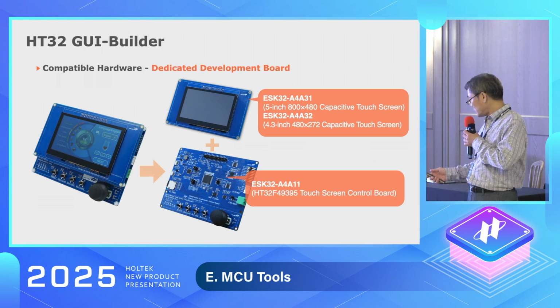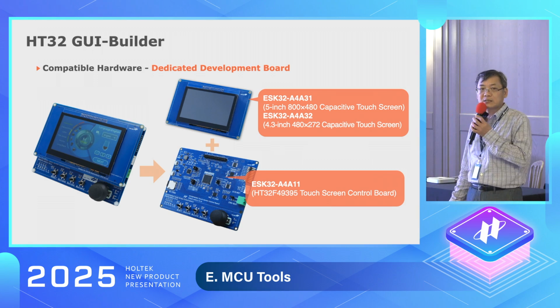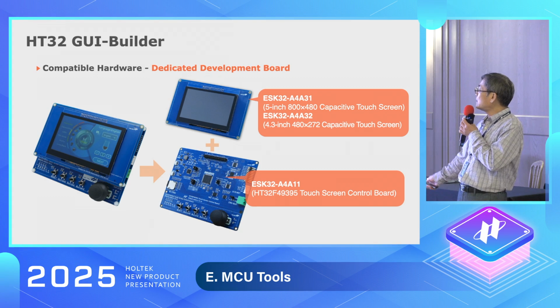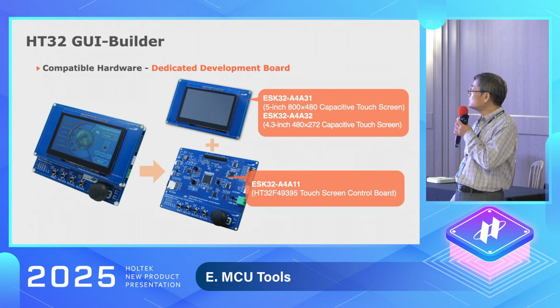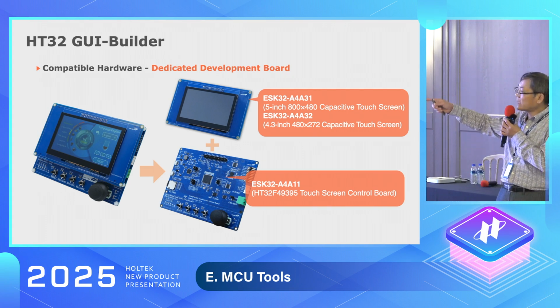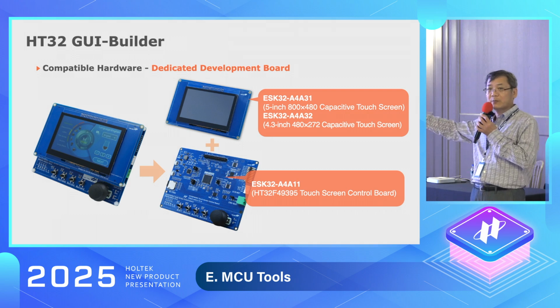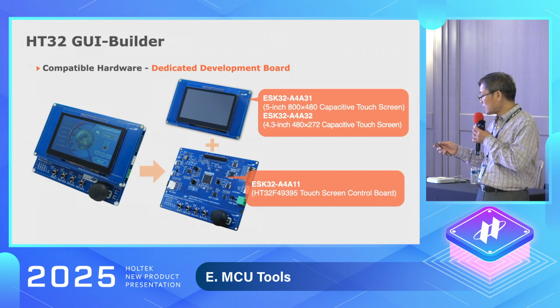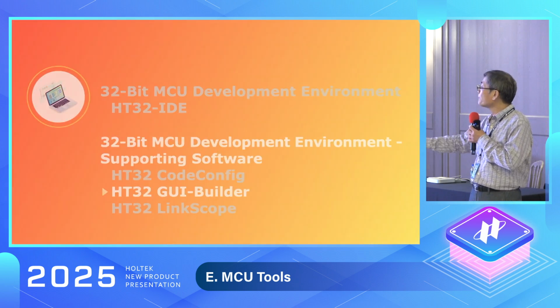With M4 controller, you can use a TFT screen with capacitance touch. So there are two different sizes of touch screen, from 5-inch to 4.3-inch. So if your product has a touch screen, this one can be the way to generate the project, the design.